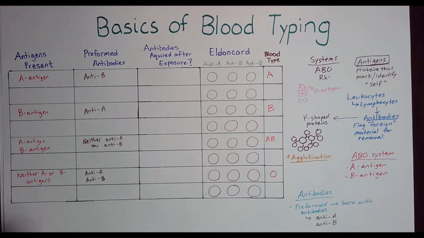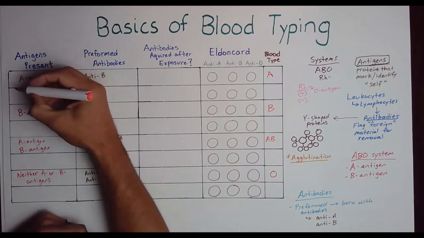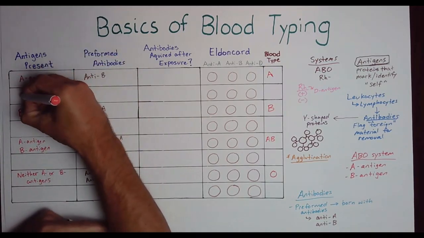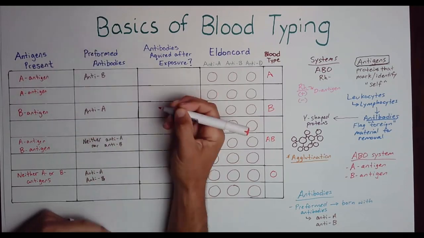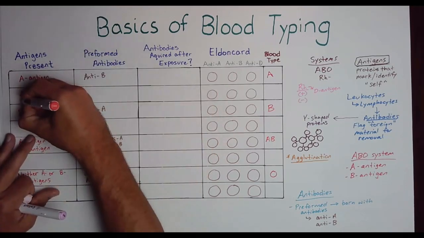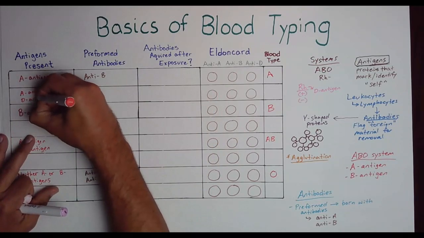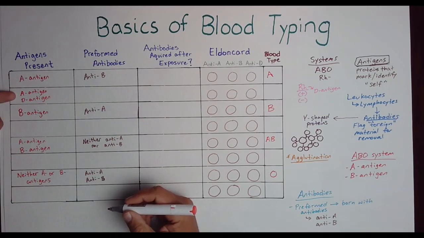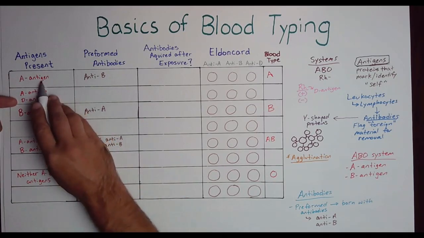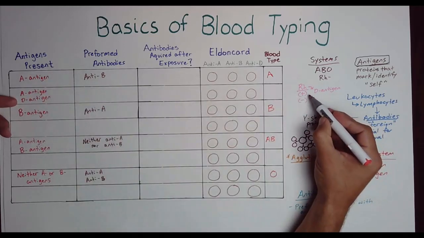These people are going to have the A antigen, and they're going to have the D antigen. So let's look at this patient now that has both A and D, whereas this patient up here does not have the D antigen. And we just said that if they do have the D antigen, we're going to say that they are a plus.